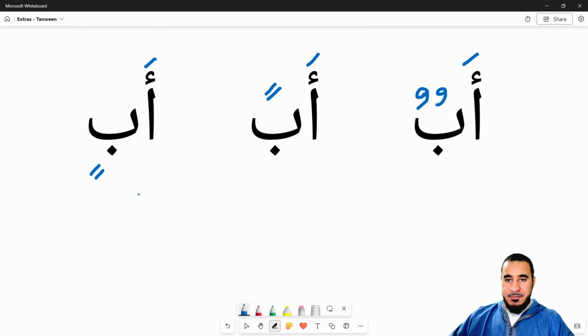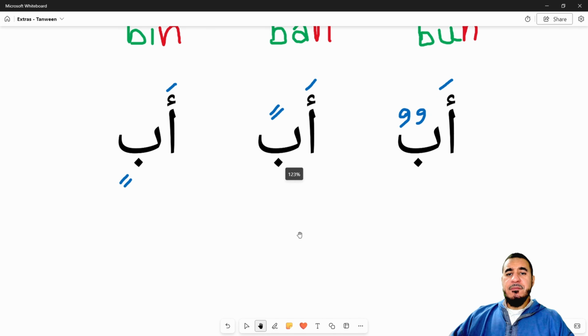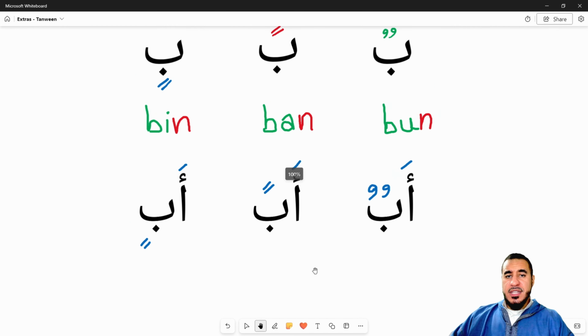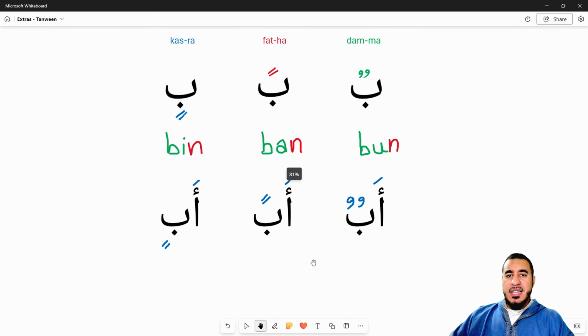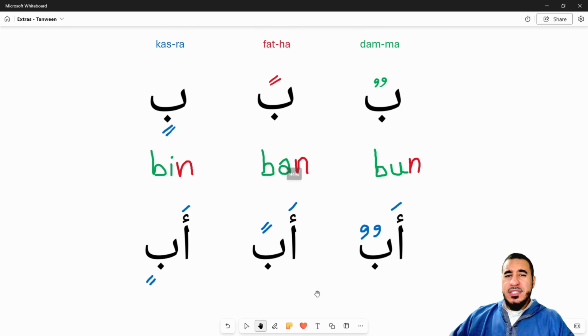Abin. Okay? Something very important to know about the tanween is that it only comes at the end of a word. Okay? The tanween only comes at the end of a word. You will not find the tanween come at the beginning or at the middle of a word, okay?